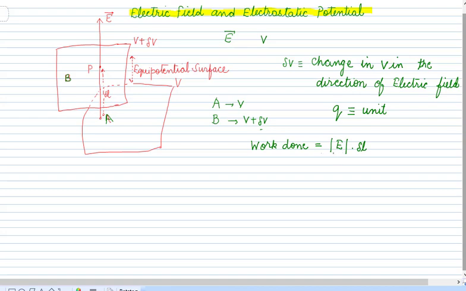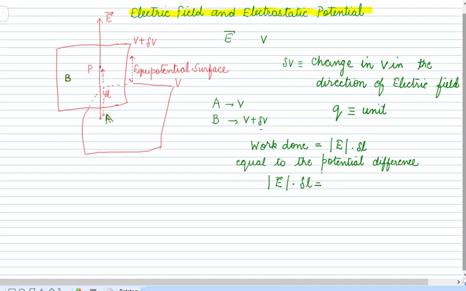So this should be equal to the potential difference. Because if the potential is increasing, that means it is increasing by the same amount by which we are doing the work. So this work adds to the potential difference. So we equate these two. E dot delta L is equal to the potential difference.